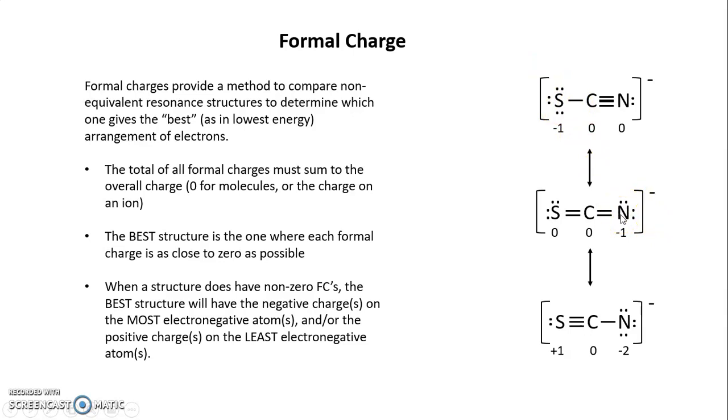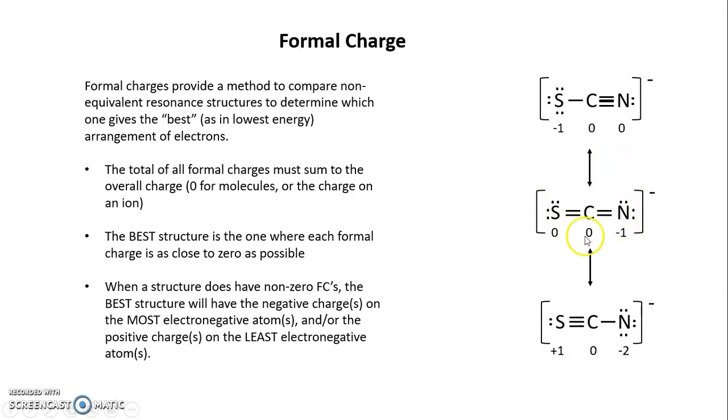Nitrogen is 1 to the left, so it's going to be less electronegative than oxygen, and sulfur is a row down from oxygen. It's going to be less electronegative than oxygen using our rules for periodic trends, but when you go down a row, the drop in electronegativity is bigger than when you're moving adjacently in the same row. So that means nitrogen is going to have a higher electronegativity than sulfur, so that makes it a better place to put the formal charge of -1.